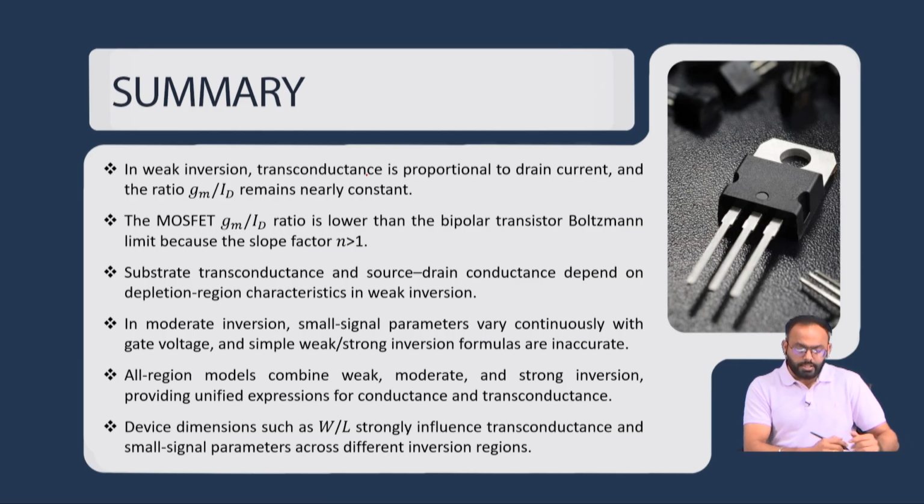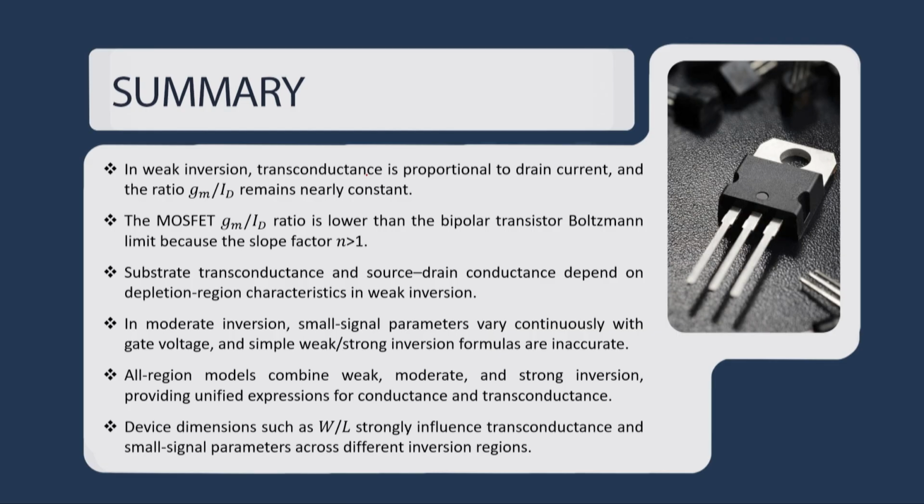So let me summarize this lecture. In this lecture, we have discussed the extraction of the small signal transconductance and conductance parameters like GMB, GM, GSS, GSD, etc. in weak inversion. We have also said that GM by ID is constant in weak inversion and GM is constant in strong inversion.